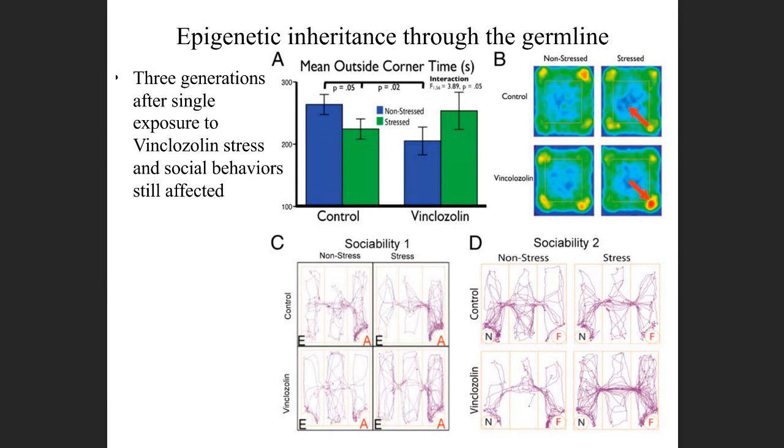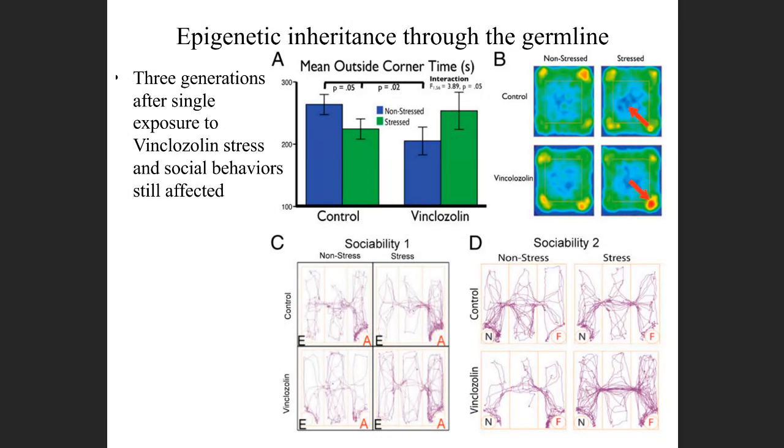I think it was by keeping them in isolation for a few days. But here on the top row, you have a heat map of where they spend time in an enclosure when you release them into an enclosure and videotape where they are.